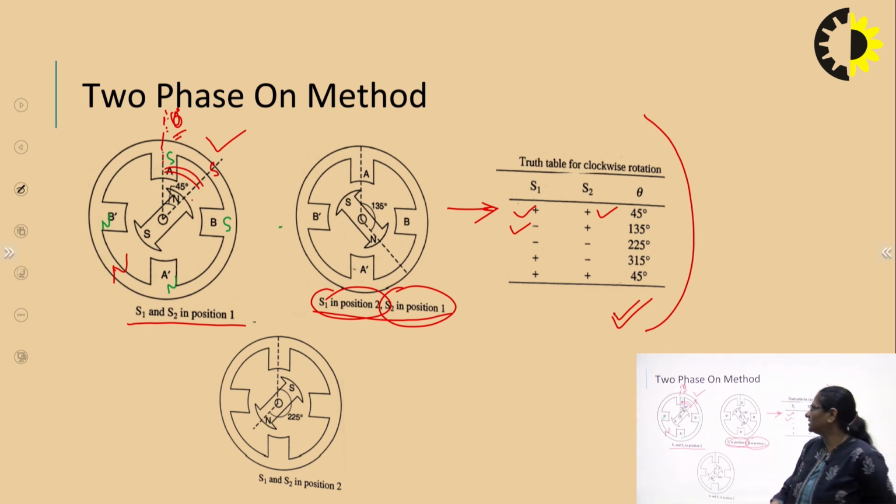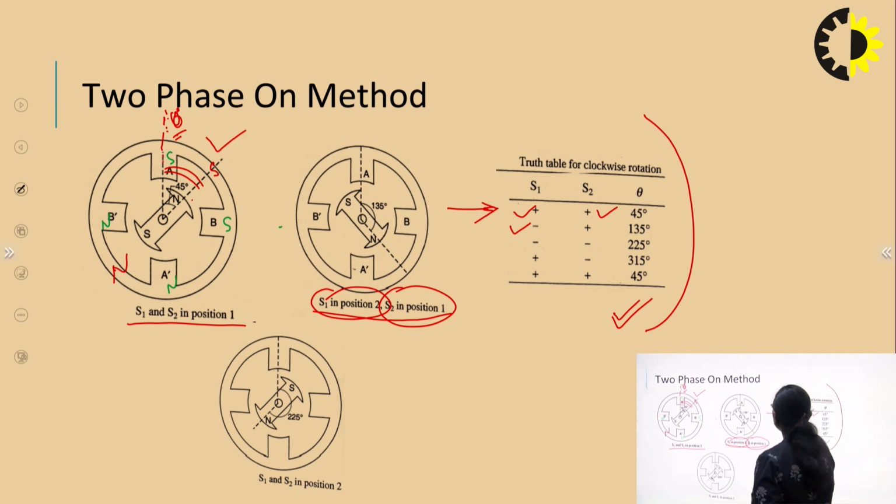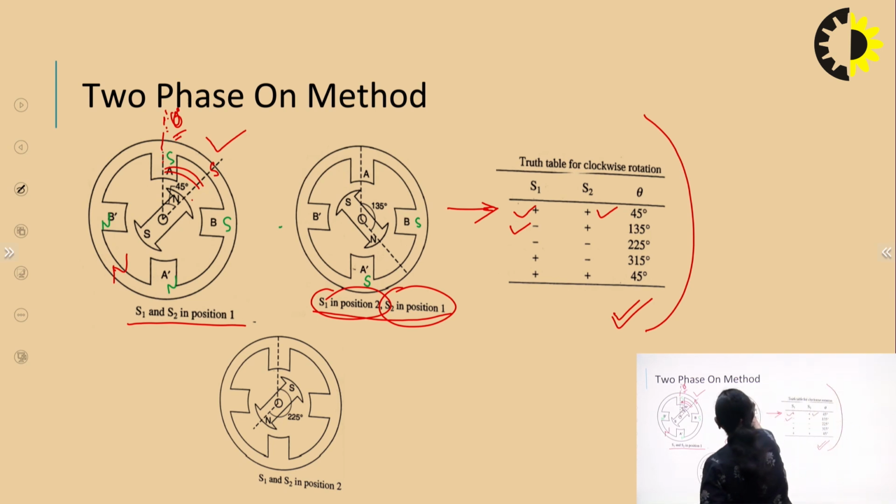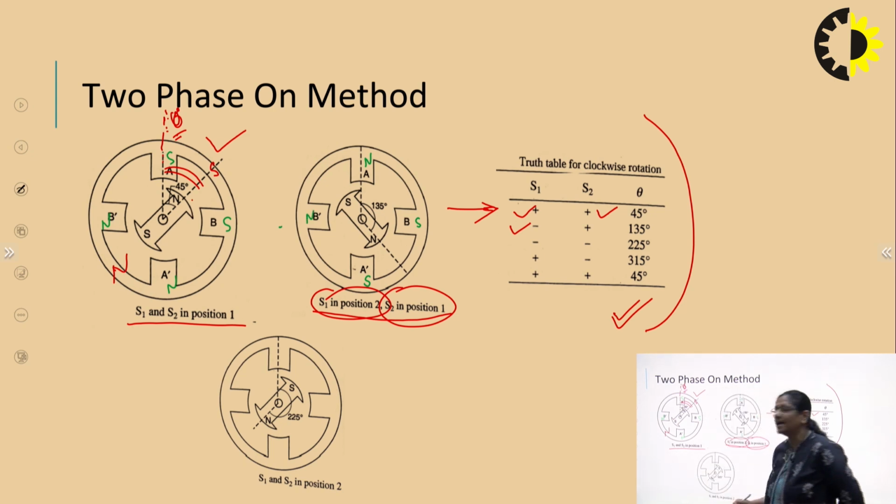Following the same nomenclature. Now, current in phase A is negative, it means that S pole formation would be at A dash. Current in phase B is positive, that is S pole formation would be at B projected pole of the stator. So, what about the resultant? Likewise, respective N here and respective N over here, following the heteropolar structure of the magnetic field.